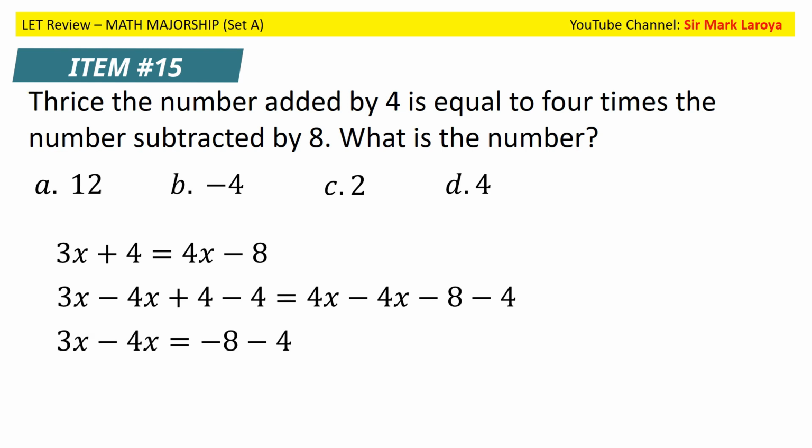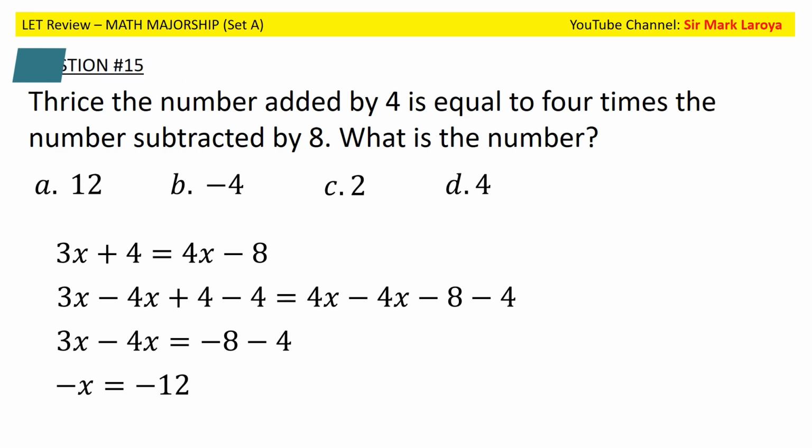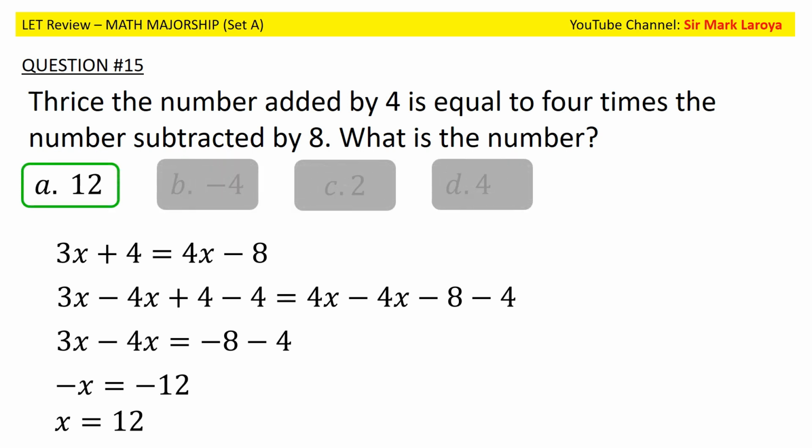So, ang mangyayari dito, we will now have 3x minus 4x equals -8 minus 4. And that is -x equals -12. So, multiply or divide both sides by -1. X now is equal to 12. So, the unknown number here is 12. So, our answer here is letter A, 12.